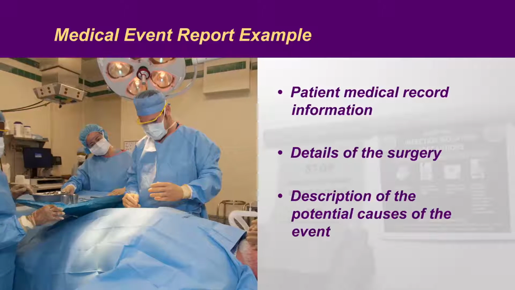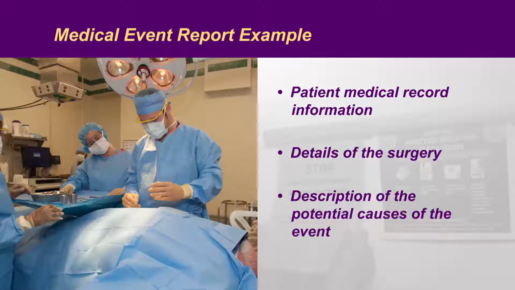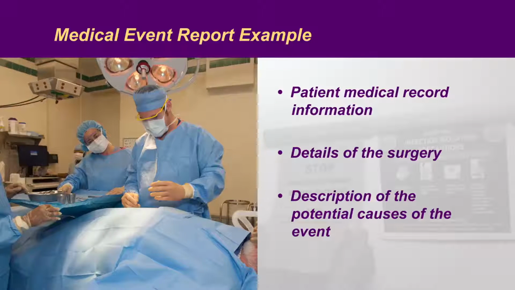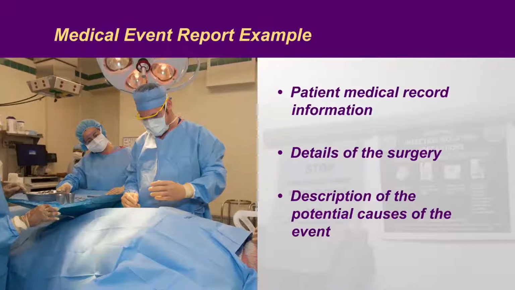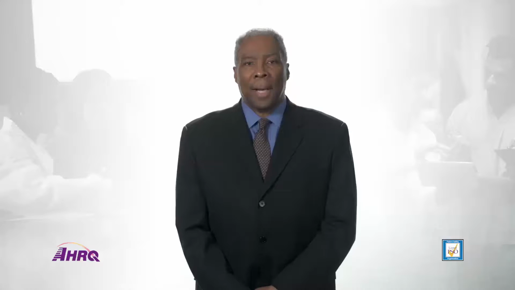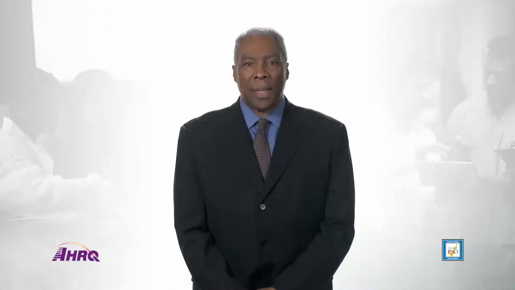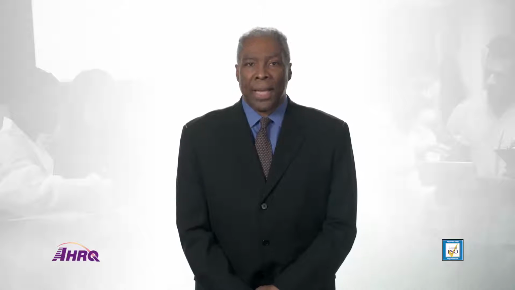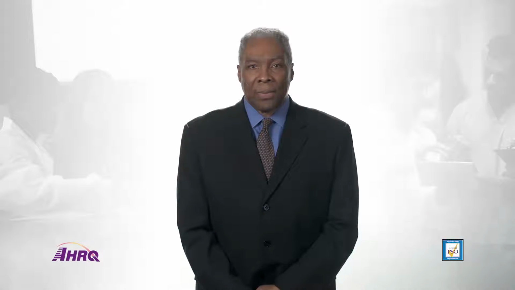Making all of this information available in the report to the PSO will contribute to the PSO's ability to conduct meaningful analysis and provide valuable feedback to its providers. Under the rule, the information prepared for and reported to the PSO is PSWP. However, the original records created for another purpose, such as medical records, cannot become PSWP and are not eligible for PSWP protection.